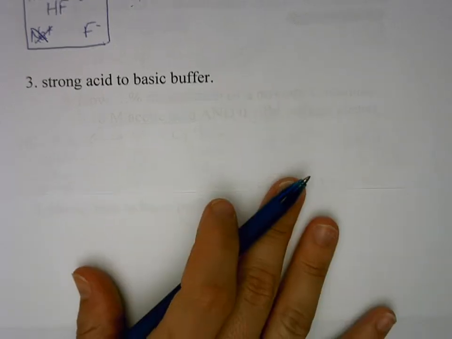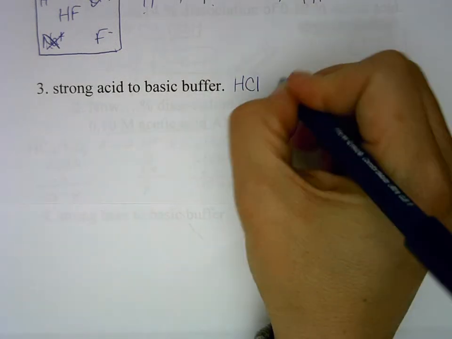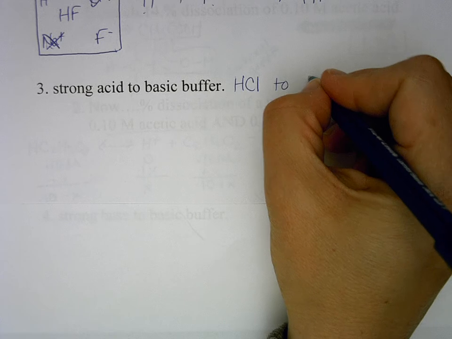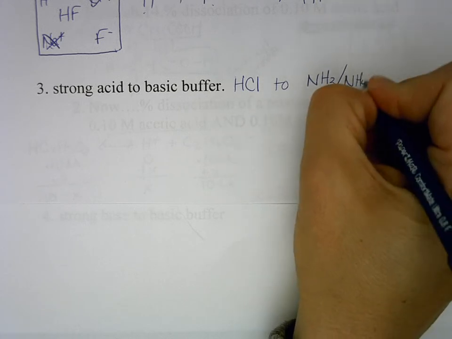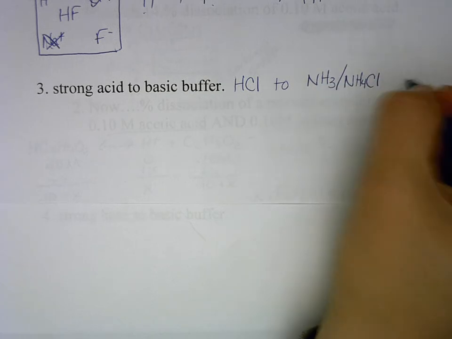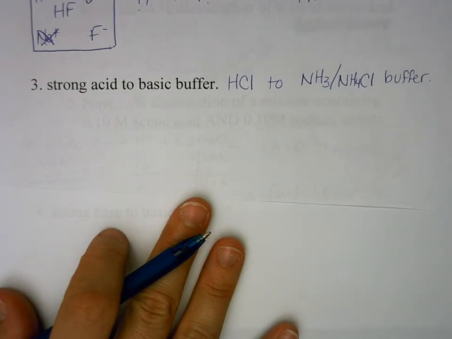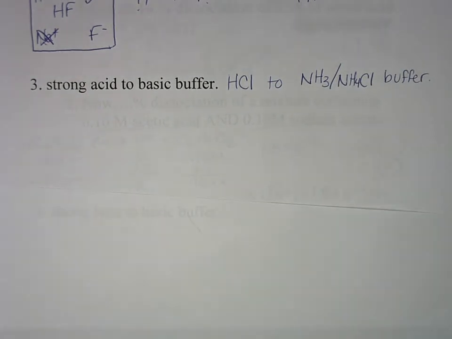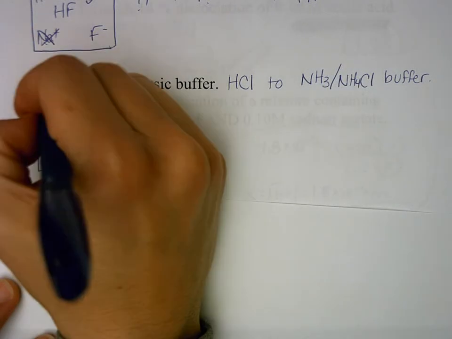If I add an acid like HCl to a buffer that's made with a weak base, NH3, and then ammonium chloride, in the beaker, I have hydrogen ions, chloride ions from the HCl.